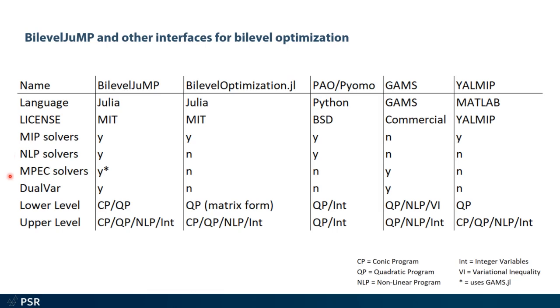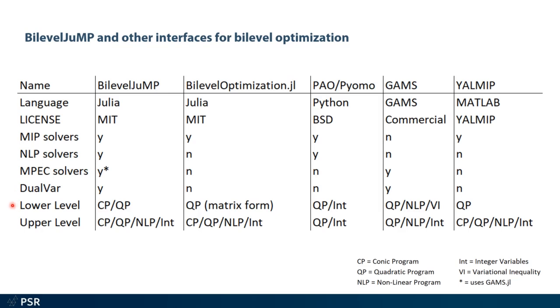But BilevelJuMP also supports MPEC solvers like Knitro and GAMS solvers like Filter and MPEC, which of course are supported by GAMS by definition, and are supported in BilevelJuMP through the GAMS.jl package. Also, as we mentioned in the previous slide, BilevelJuMP can also model dual variables of the lower level explicitly in the problem, so you can use them during the modeling, just like GAMS could do in the past.